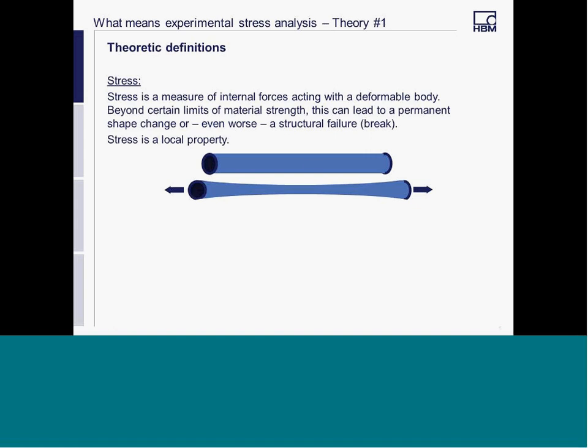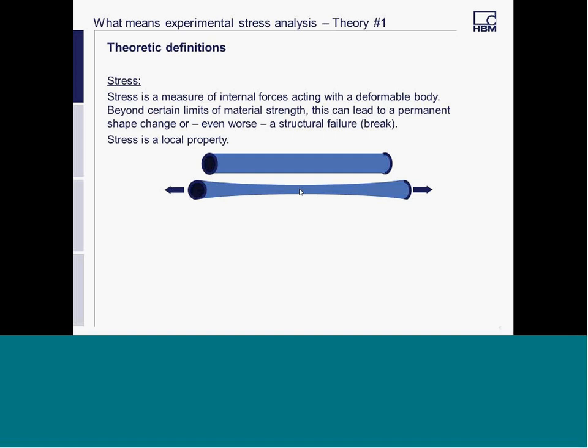Okay, that means you see internal forces in here. And if you keep increasing the external force on both sides, first it will start to deform, and then it will come to a limit where it will not go back to its original size.